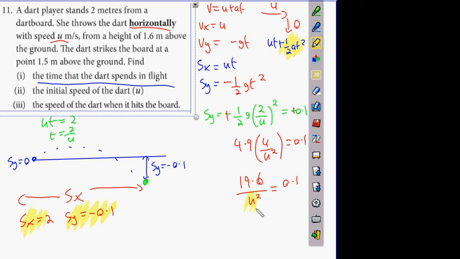I'm going to swap the u squared and the 0.1, so 19.6 over 0.1 equals u squared. So u squared equals 196. u equals 14. You happy enough with that?